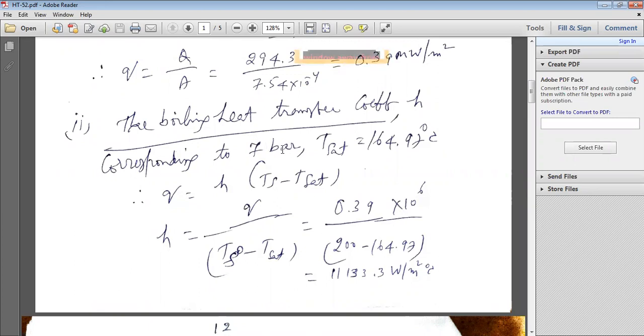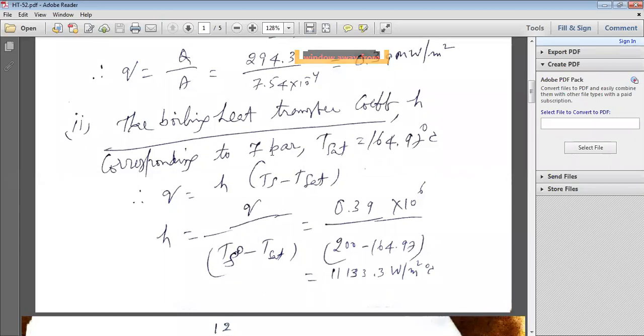At 1 bar, atmospheric pressure, the saturation temperature of water is 100 degrees centigrade. But if you increase the pressure above atmospheric, the saturation temperature also increases.